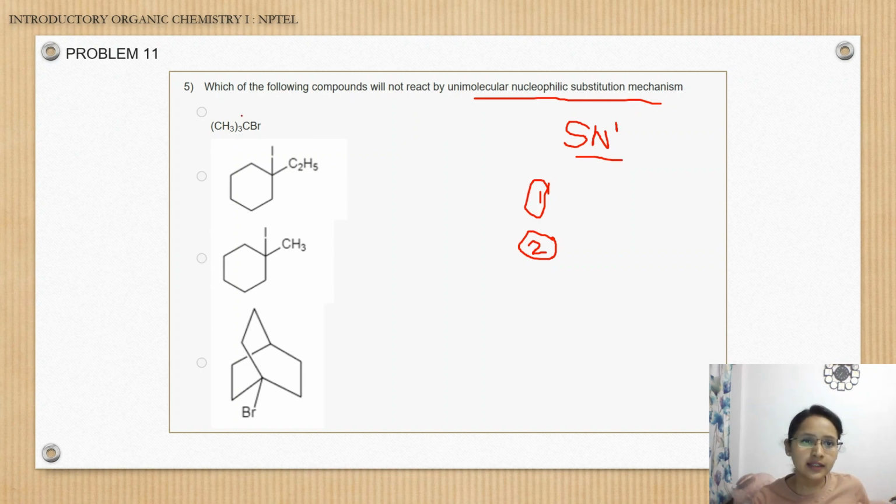So let's say we are generating the carbocation. See, they are saying that it will not react by unimolecular reaction. So it will not give you SN1 mechanism. Fine. Don't confuse it with the mechanism it will give. So now if iodine is getting leaved out, what you have, a carbocation at this carbon, again the carbocation at this carbon, and now the carbocation at this carbon.